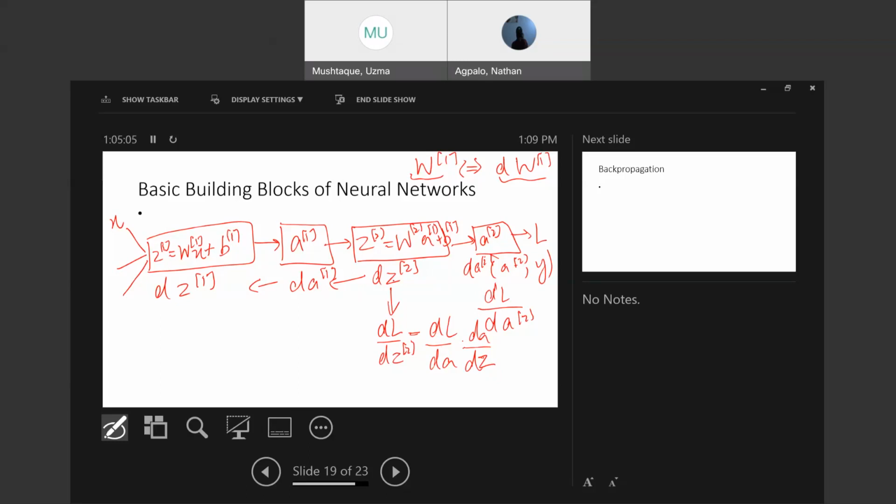And why is this important? Well, this is important because remember, in addition to all of this, there are some weights and biases that need to be computed. So this is W2, B2, right? And then there are some W1, B1 that need to be computed, right? Once I have all this information here, I will eventually get my DW2 and my DB2.